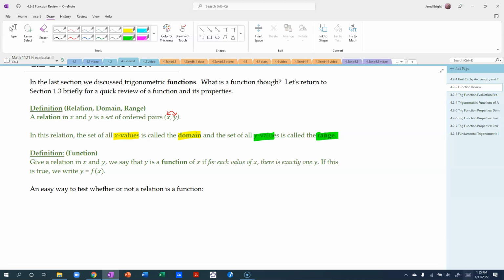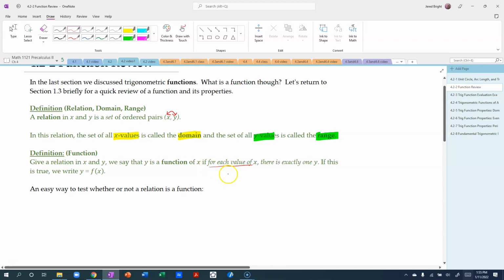Now, once we have a relation and can identify domain and range, we have the concept of a function: looking at this relation, for each value of x, there's exactly one y.